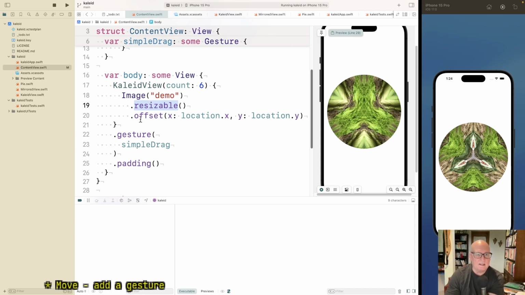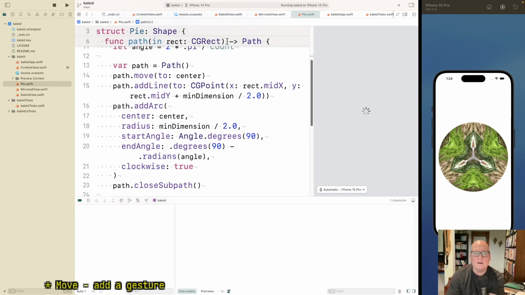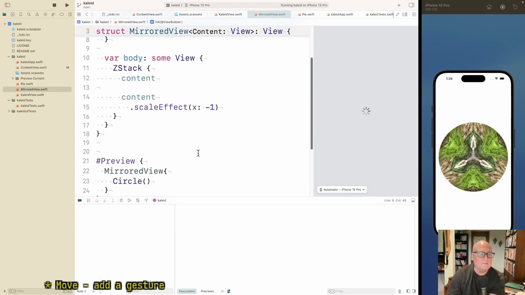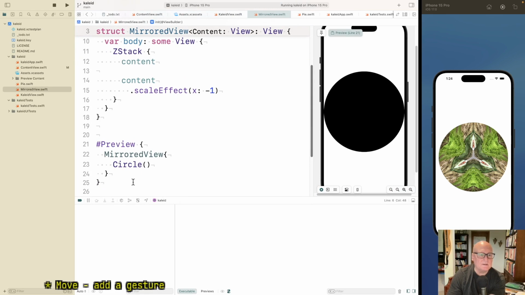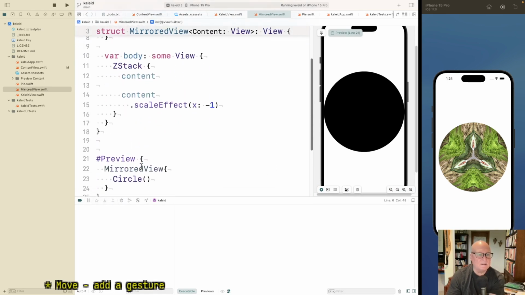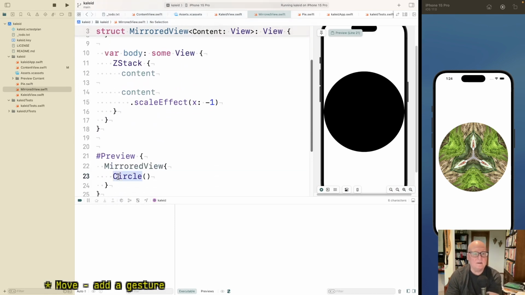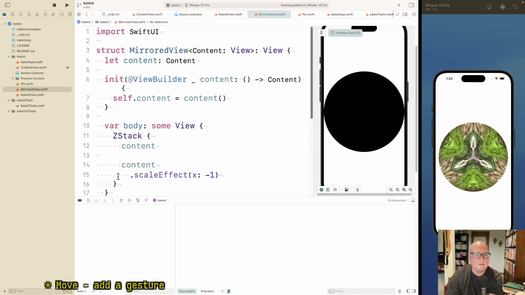I think we take the image and we've chopped out some stuff with our pie. No, it's not the pie that does it. Maybe it's this thing. Well, we've stacked the two together. I don't like this either.